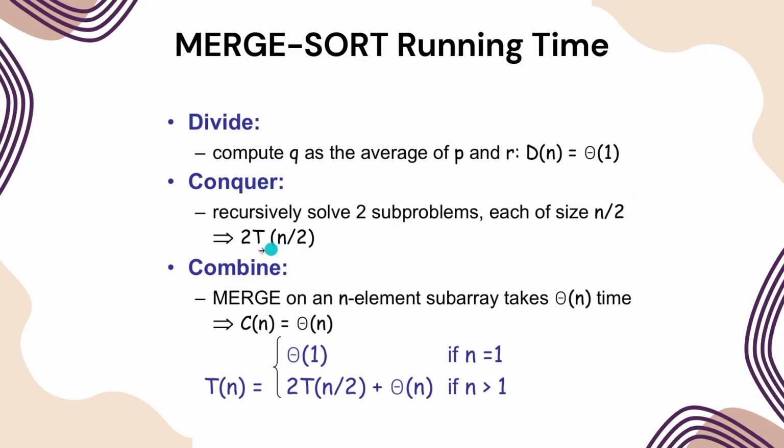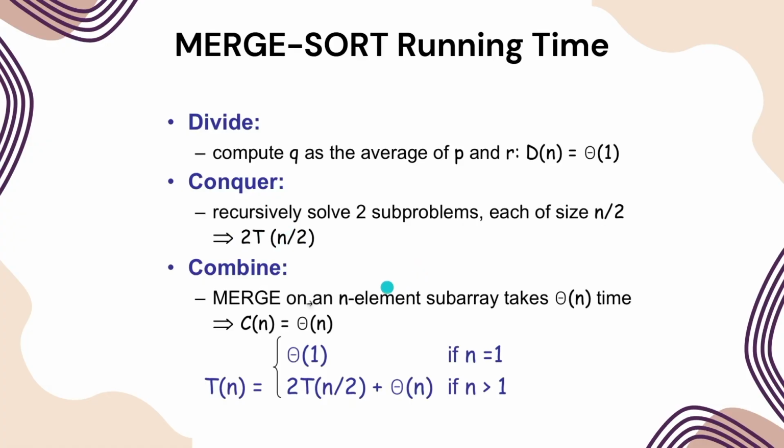So, it should be 2 times T of n by 2. We have already seen with an example that every time we keep on dividing it by 2. And the last step is the combine step. If it is merging of two n by 2 element subarrays, then that should take order of n time.